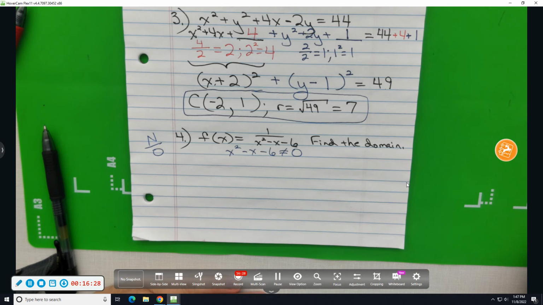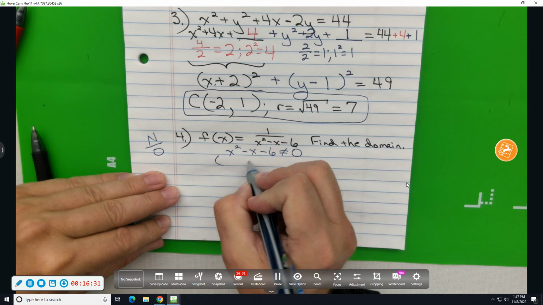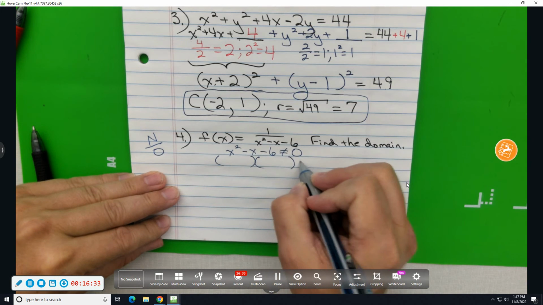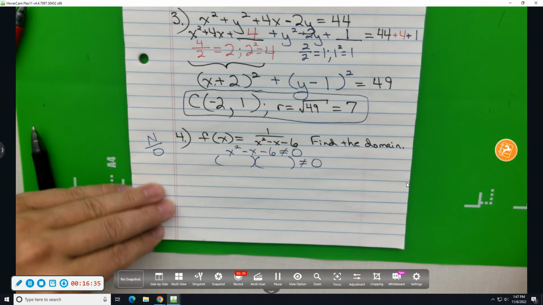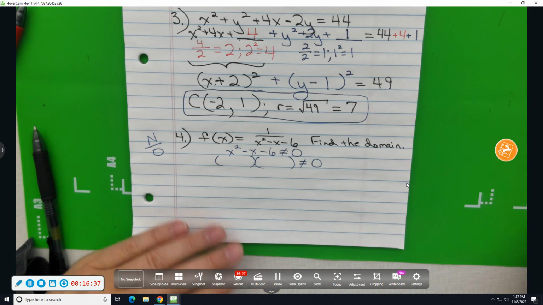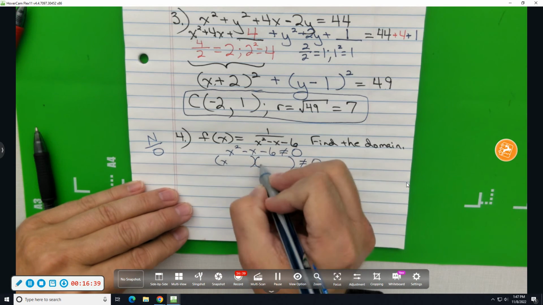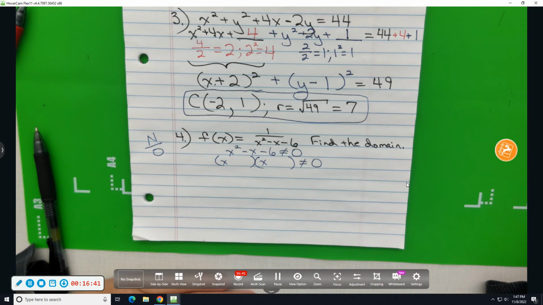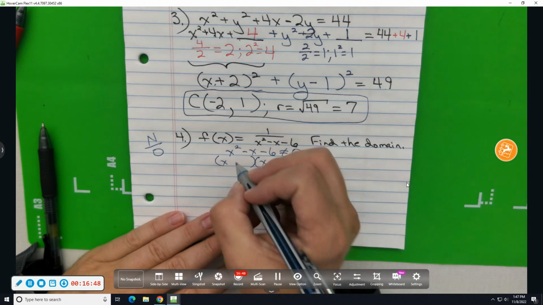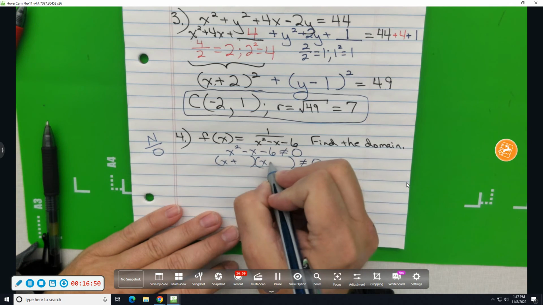That's quadratic. We can factor it. We're going to solve it as if it were an equation rather than a not-equal-to situation. X squared, x times x. If the second sign's a minus, we have one of each sign. So we have a plus and a minus.